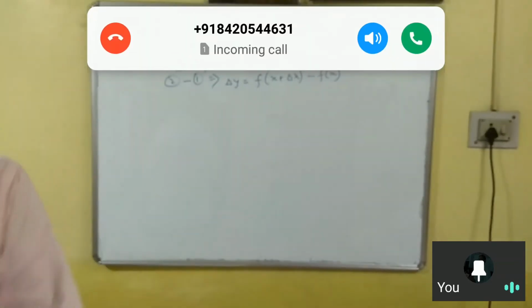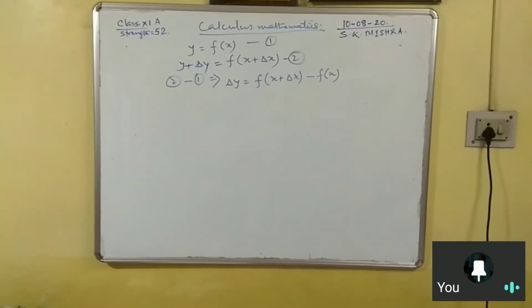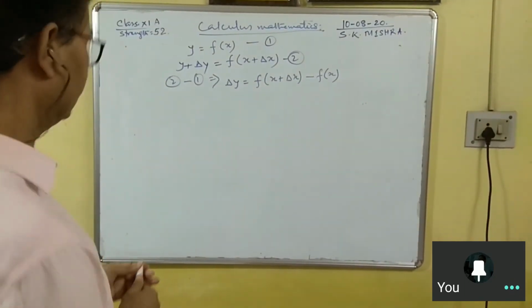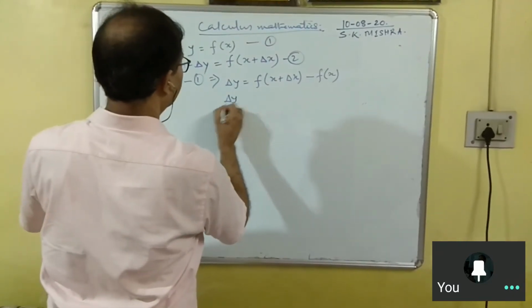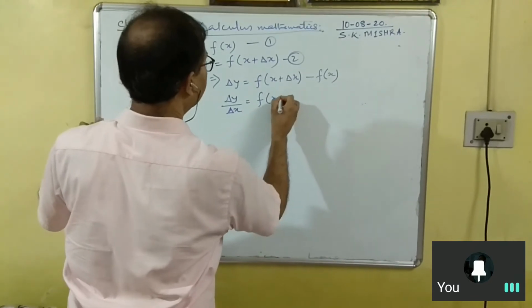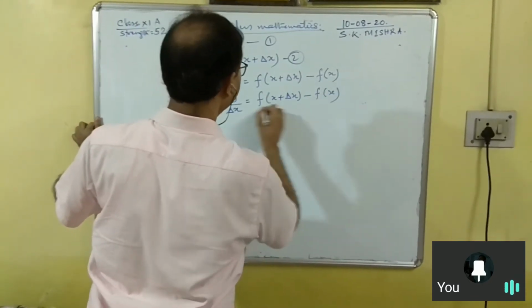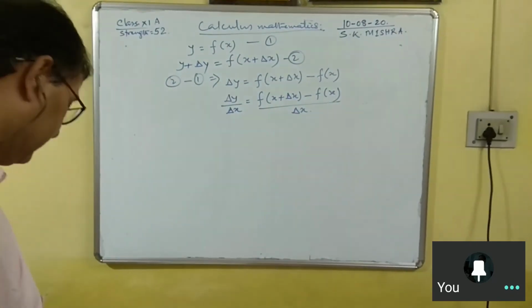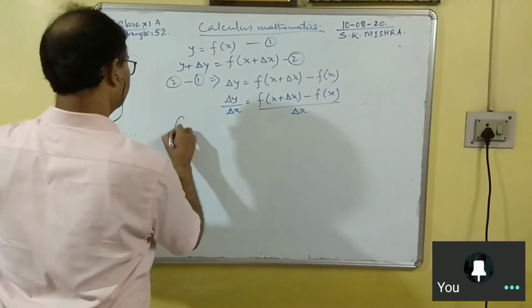Now if you divide by delta x, delta y by delta x is how much? It is function of x plus delta x minus function of x, divided by delta x. Divide both sides by delta x and then take the limit.